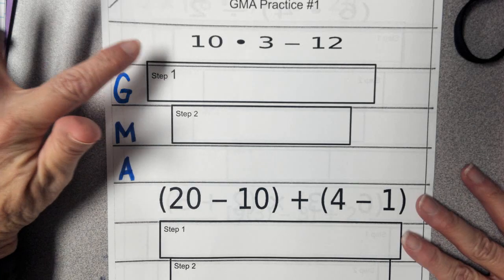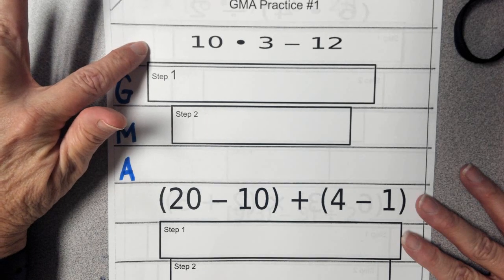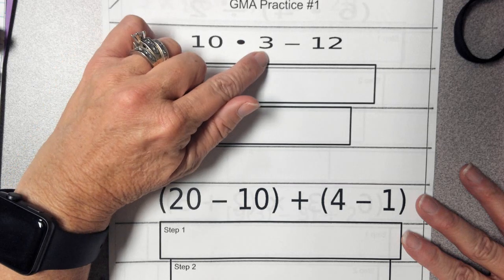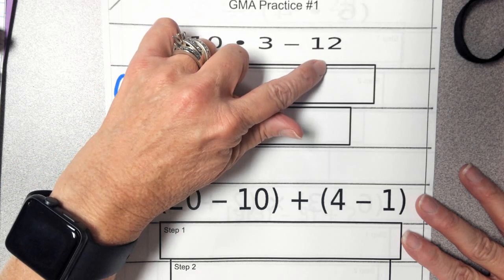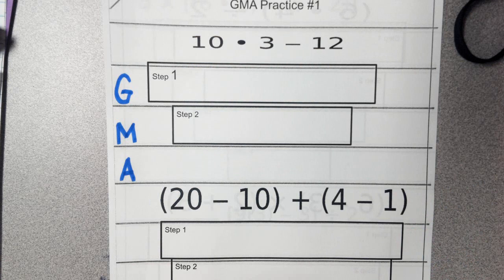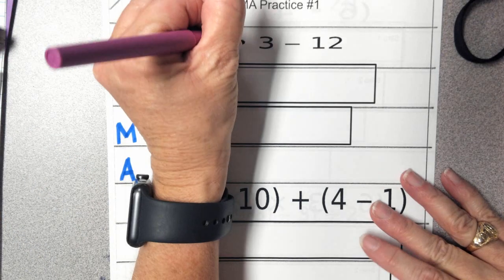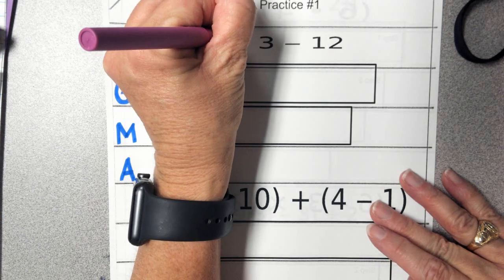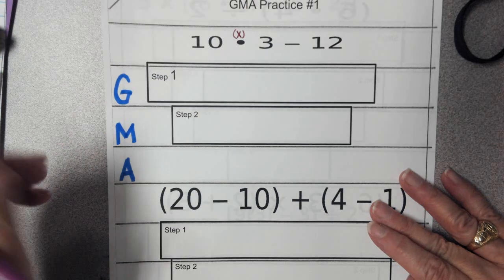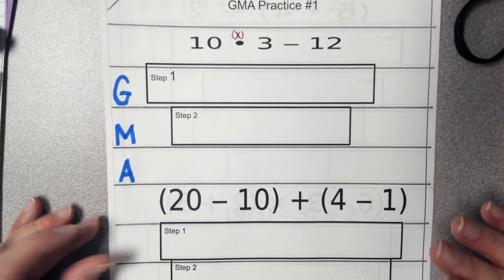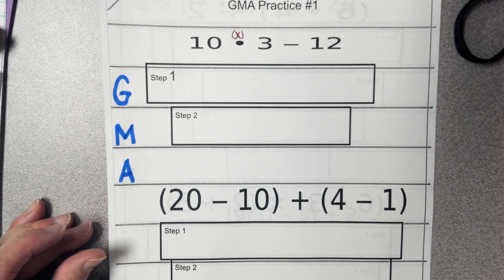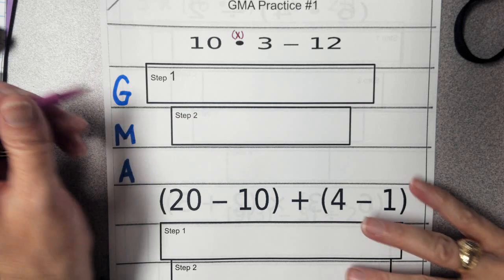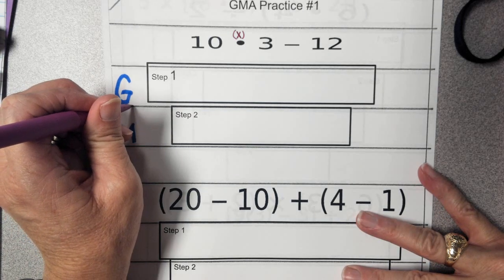So when I first look at this problem, I see 10 times 3 minus 12. So what we're going to do is take our pencil and write a little multiplication sign right here so that is a reminder that we're going to multiply. And the first thing I'm thinking about is, do I have any groups?